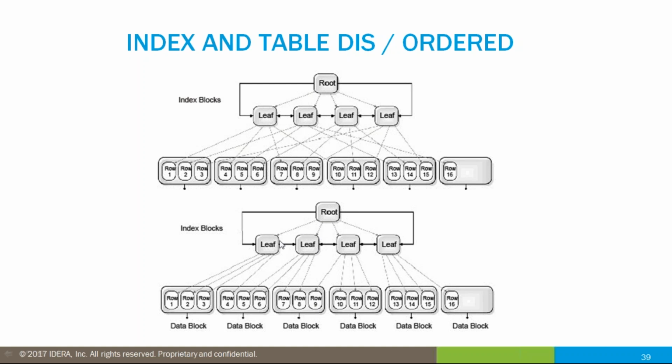And if I add the second column, I can pull it directly from the leaf page, and I don't even need to go to the data table. So I just read the root, I read the leaf page, I've got all of the columns that I need, and the SQL statement is able to do its business. That's called a covering index. Once again, a covering index includes all of the columns that are used by a SQL statement, and it basically skips the step of having to go to the data table.